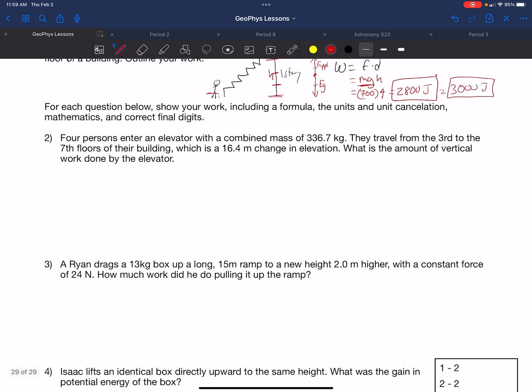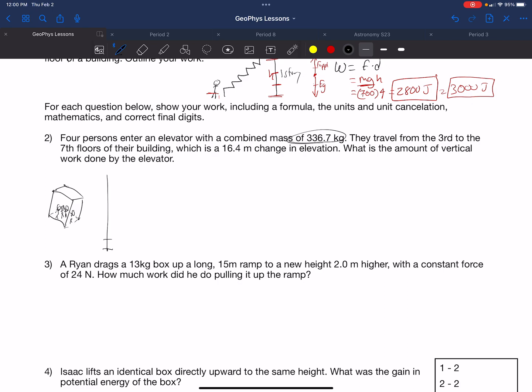All right, so next we have 4 persons entering an elevator. One, 2, 3, 4. Their combined mass is this. They travel from the 3rd to the 7th floors of their building.